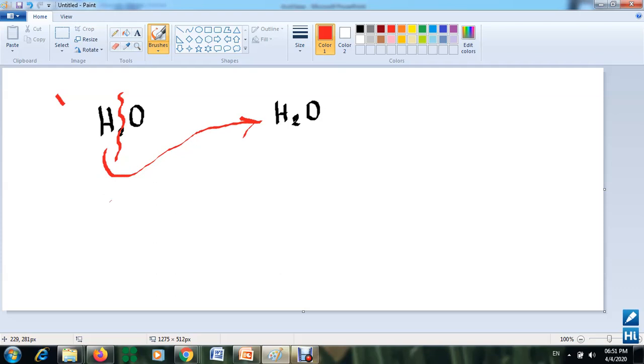So the first one will lose H, so instead of 2 hydrogen atoms with oxygen, it will be OH. This OH is an ion. It has a negative charge. It's called hydroxide.